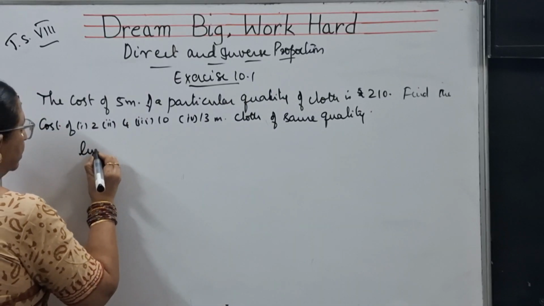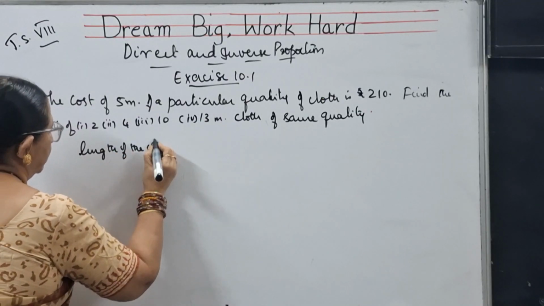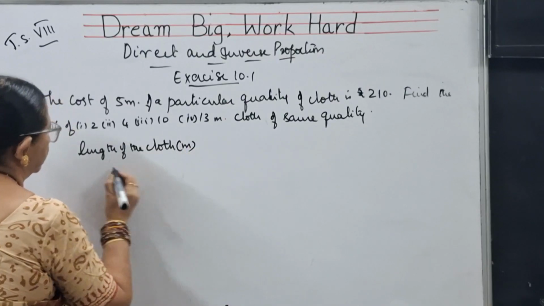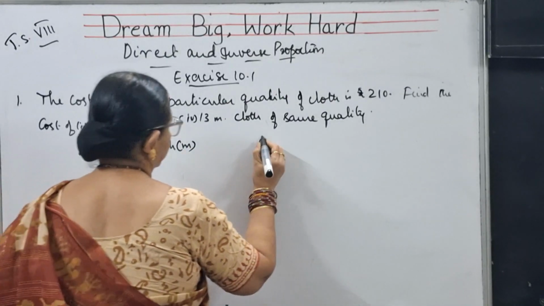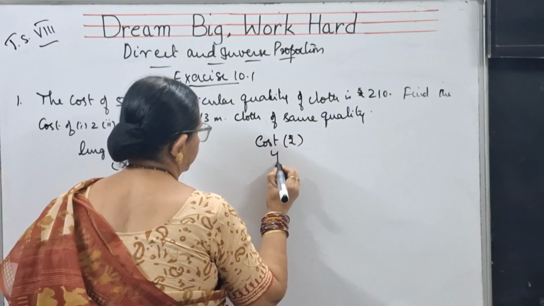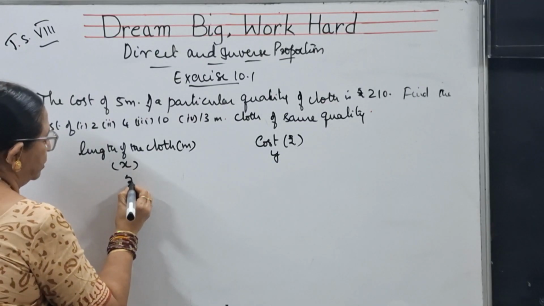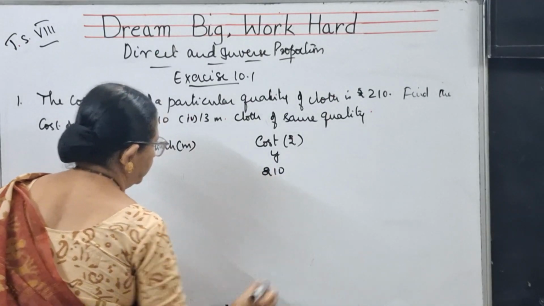The length of the cloth in meters, let us consider it as X, and the cost in rupees, let us consider it as Y. They said that 5 meters of cloth is costing 210 rupees.